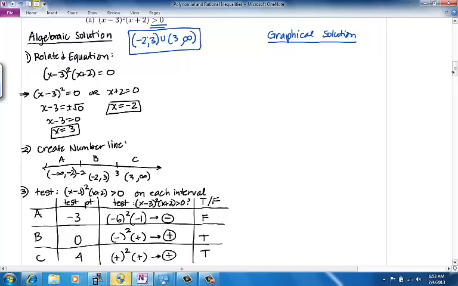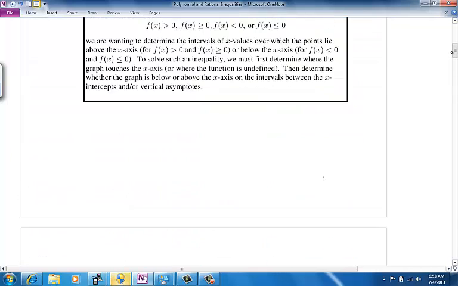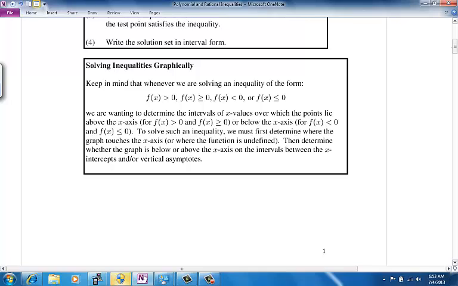So if I scroll back a little bit, to solve an inequality graphically, it helps to remember that when we're looking for a function greater than 0 or a function greater than or equal to 0, we're looking for where the y values are above 0, which would mean above the x-axis.